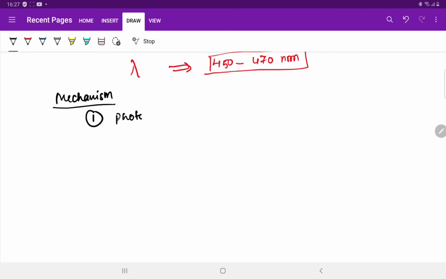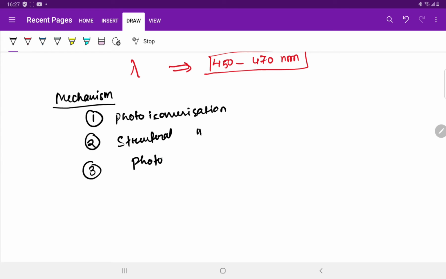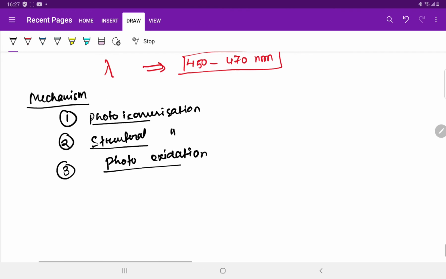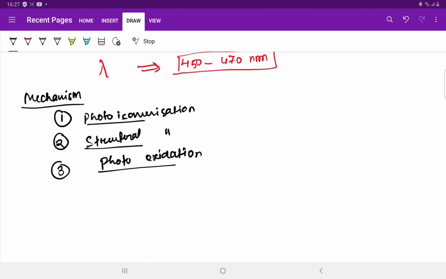The first is photoisomerization, the second is structural isomerization, and the third one is photo-oxidation, right? Photoisomerization is a technique in which the bilirubin gets converted into a polar compound, which gets excreted through the kidney.